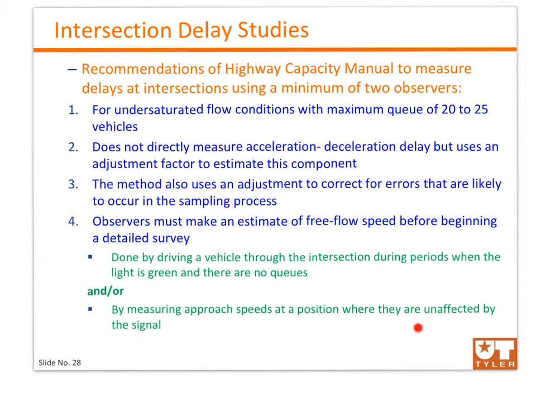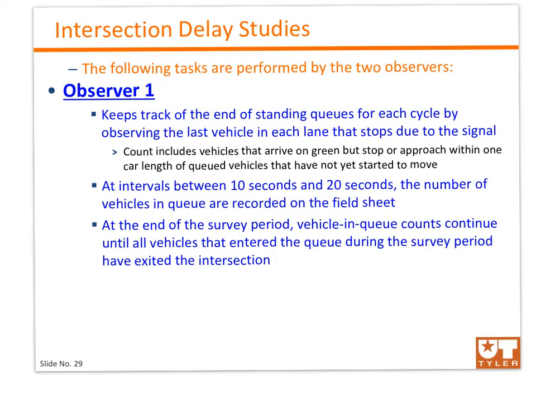So this is similar to when we talked about spot speed study. So before we do the delay study, we have to know what's our benchmark, what's the default free flow speed at this location, in order to compare it to what we're going to observe at the intersection and be able to measure the amount of delay at that location.